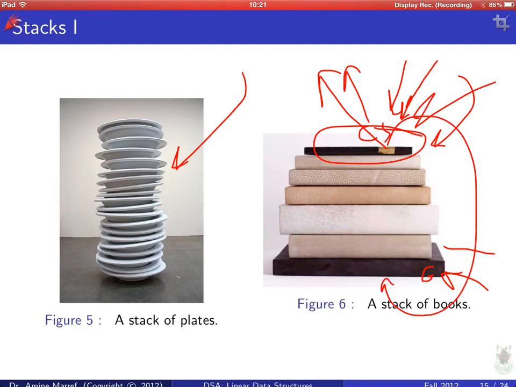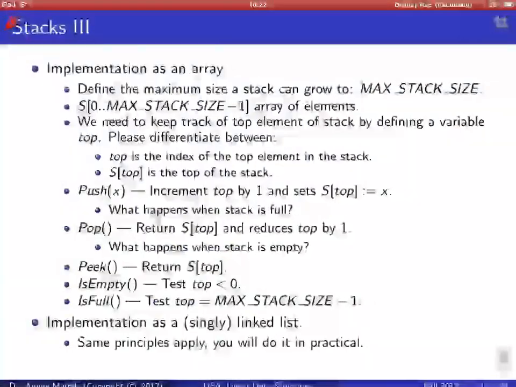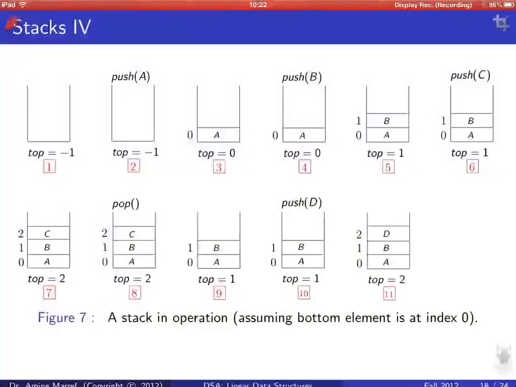Now, when the stack is not empty, there is what is called the top element, which is the element at the top of the stack. So here the top element is A, and here the top element is B, and the index of the top element is 1.